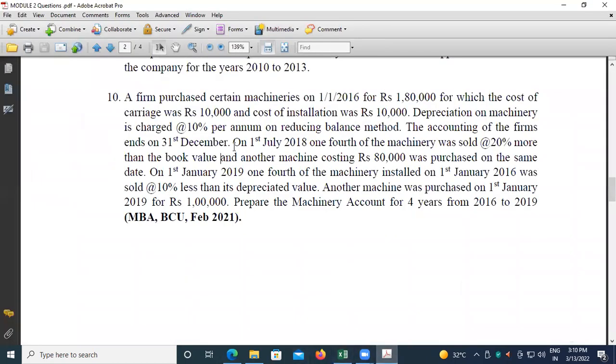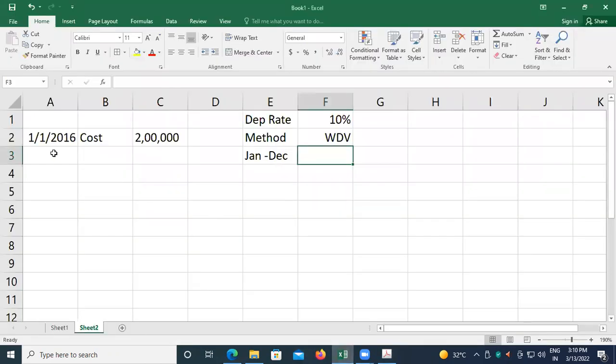Let us go on. On 1st July 2018, 1/4 of the machinery was sold at 20% more than the book value. Let us put here 1st of July 2018. What happened? The total cost of the machine was 2 lakh rupees, but they are telling us 1/4 of the machine was sold. So how to do this calculation?